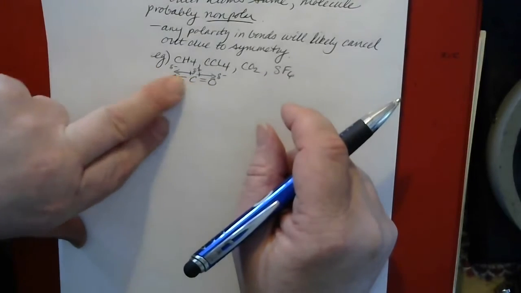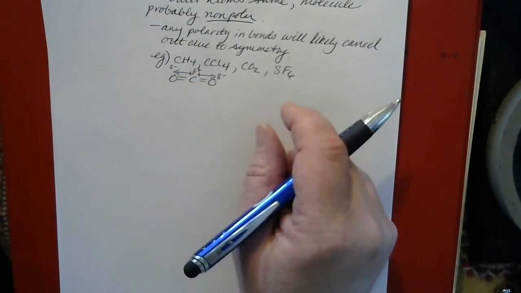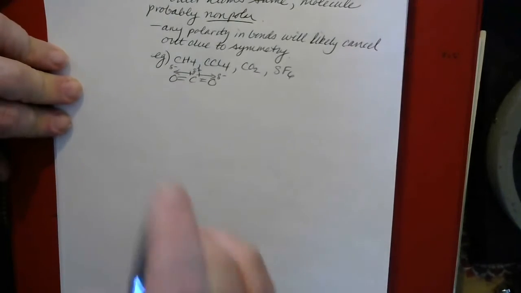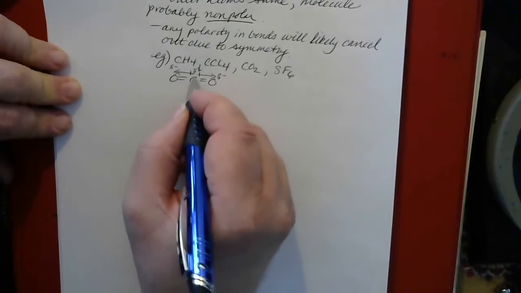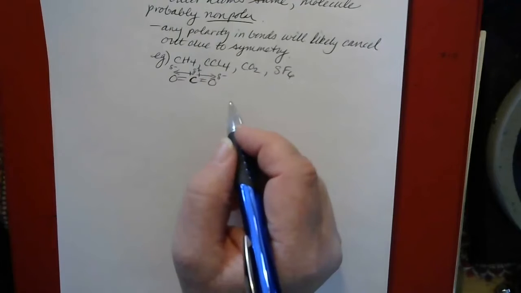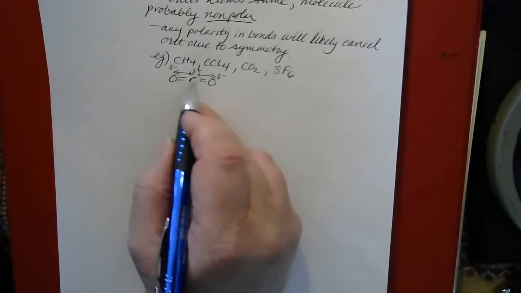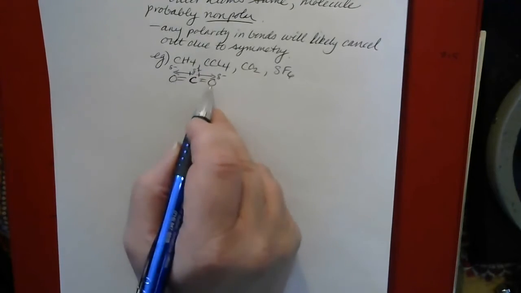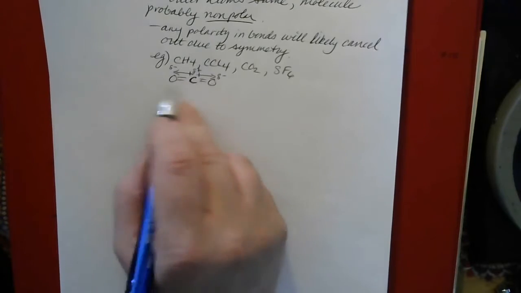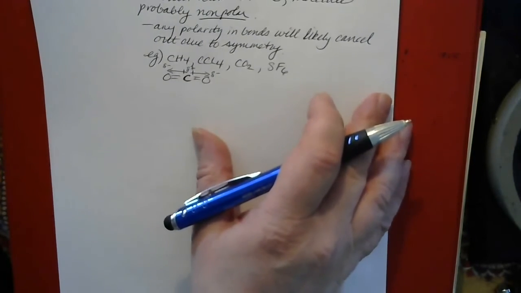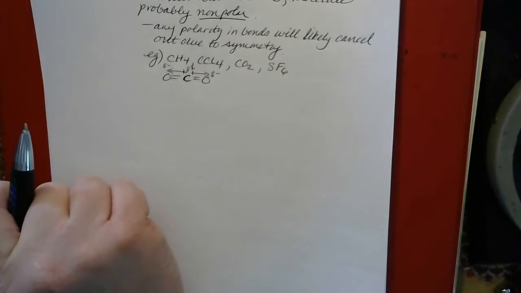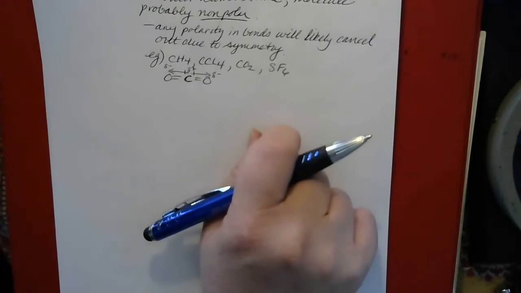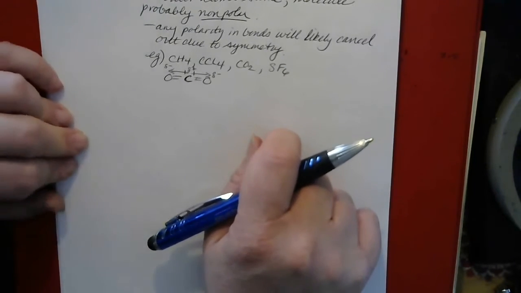The polarity of the two bonds ends up canceling out. So there's a good example. Notice the central atom has no lone pairs on it, and the outer atoms are of the same element, so it fits the bill. Like I said, that doesn't always work 100% of the time, but it's a good rule of thumb.